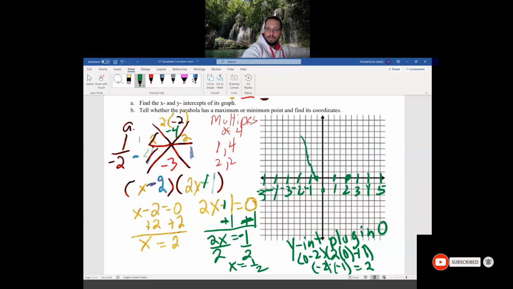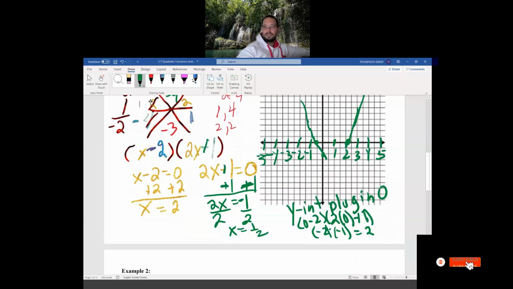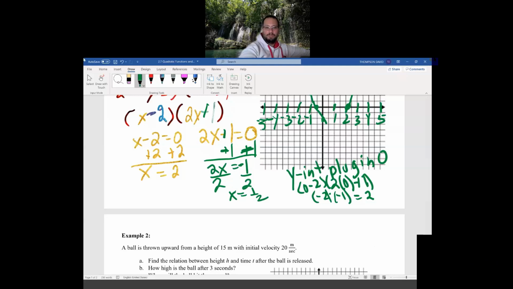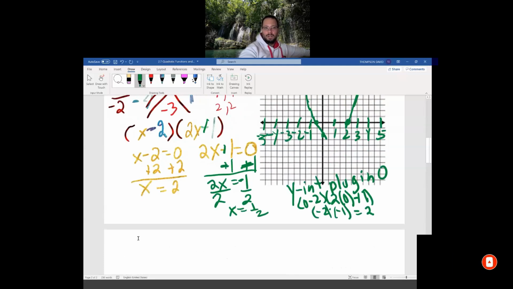Let's continue on to the next page to get my vertex. So vertex. I'll be using the formula negative b divided by 2a.